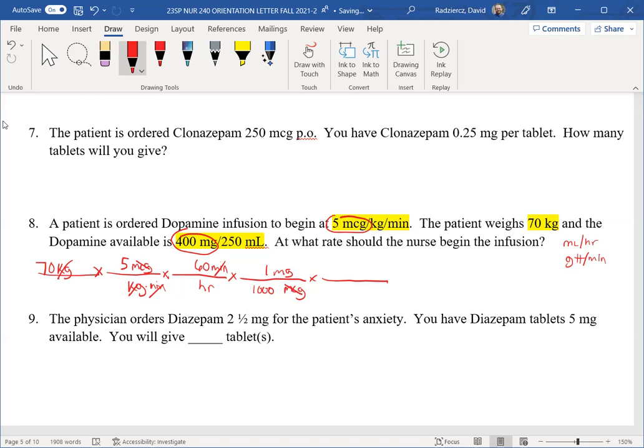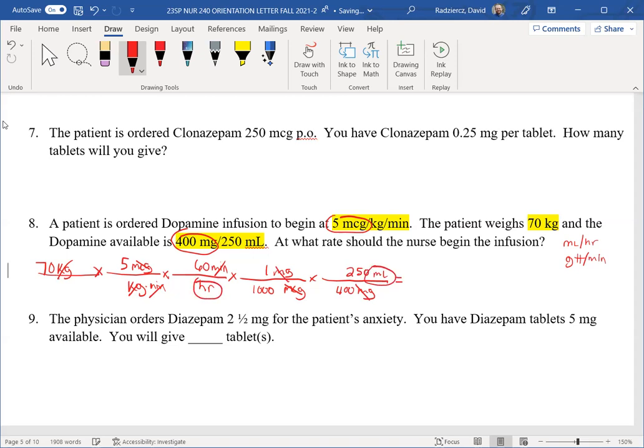The next thing is to incorporate our IV, and our IV says that we have 400 milligrams for 250 ml. And if I did everything right, I should be left with just milliliters per hour.